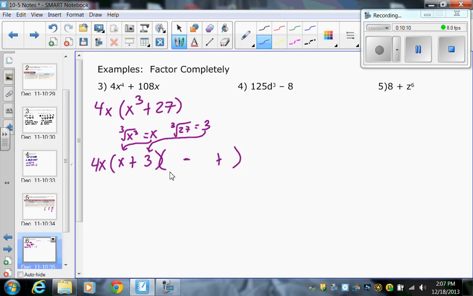This one is going to be your first term squared, so x squared is just x squared. The term in the middle is just the product of these two, so x times 3 is just 3x. And then this one is your second term squared, so 3 squared is 9. And that's our answer.